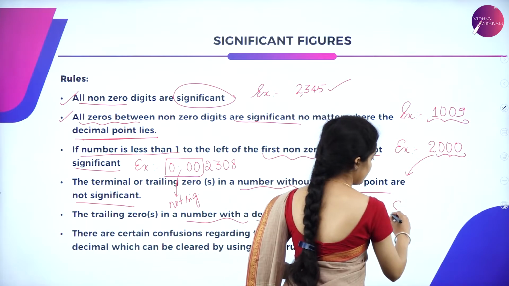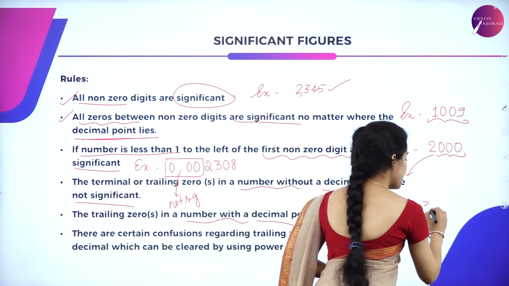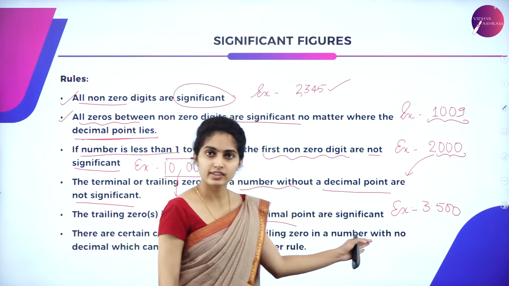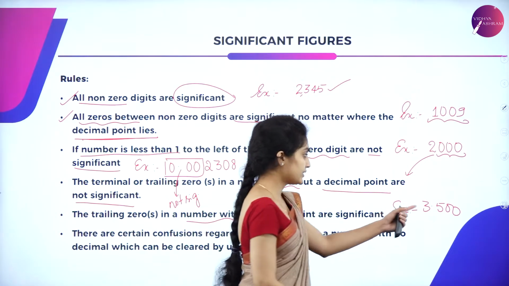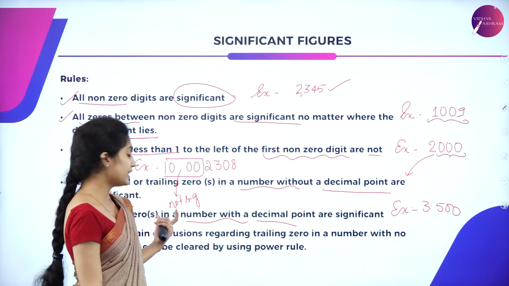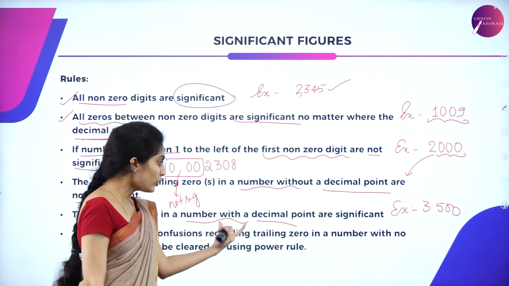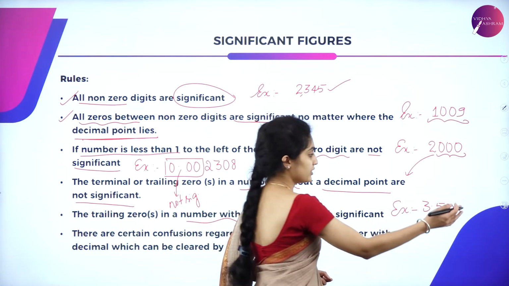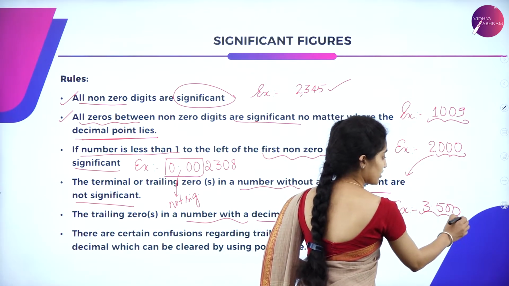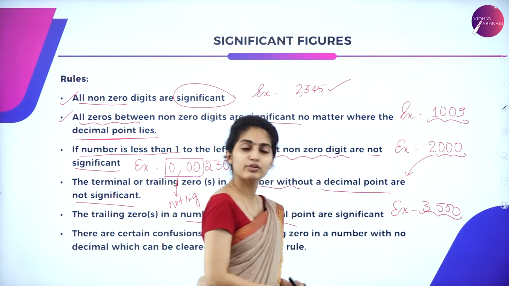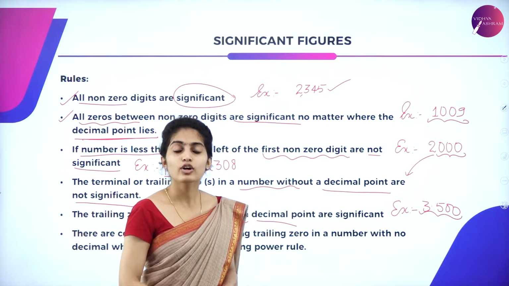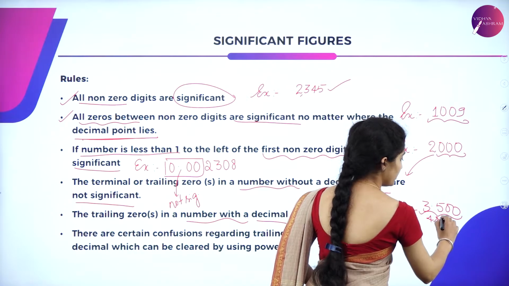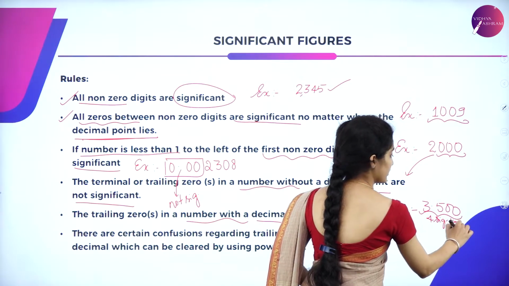For example, 3.500: according to this rule, trailing zeros in a number with a decimal point are significant. The decimal point is there, the trailing zeros are there, so these all are significant. So how many significant figures are there? There are 4 significant figures.